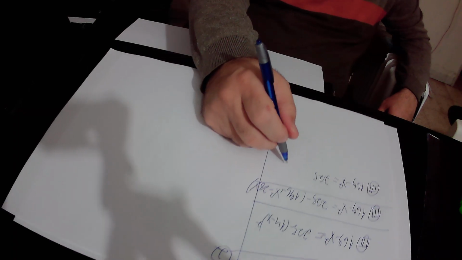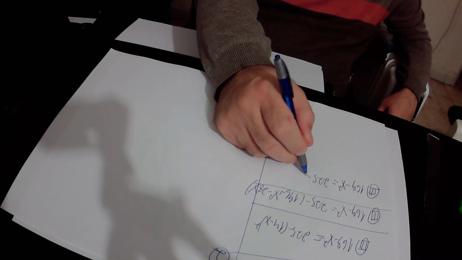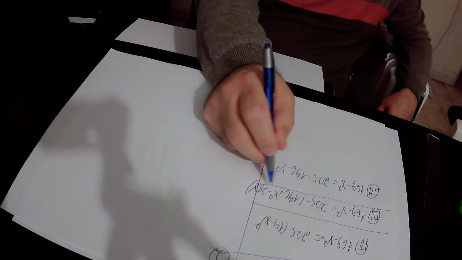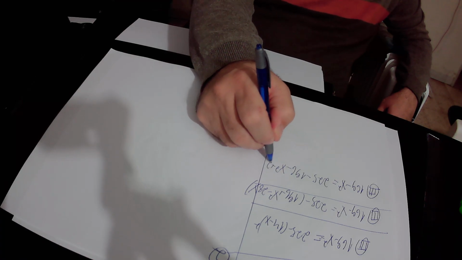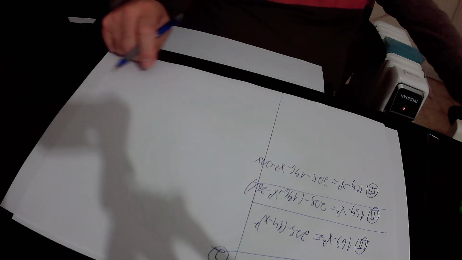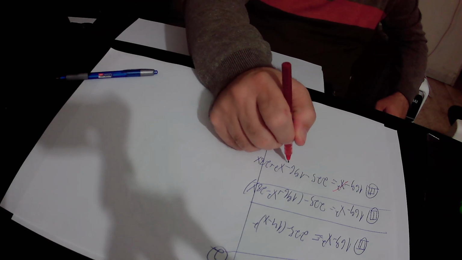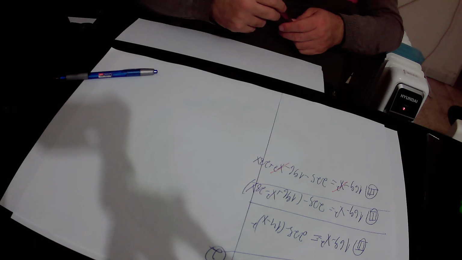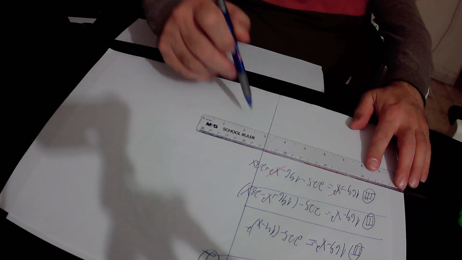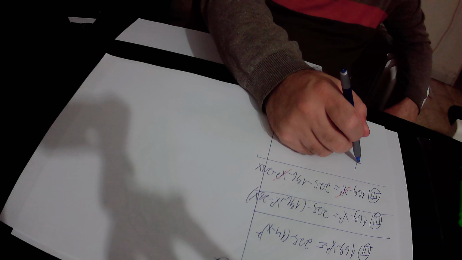Here we will open the brackets and we get minus 196 minus X squared, minus and minus is plus, so it is plus 28X. Here we have minus X squared on both sides of the equation, so X squared will get cancelled. So on this side of equation number 3, after we cancelled minus X squared, we are left only with 169.